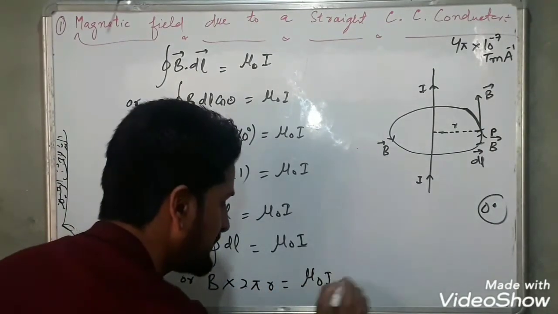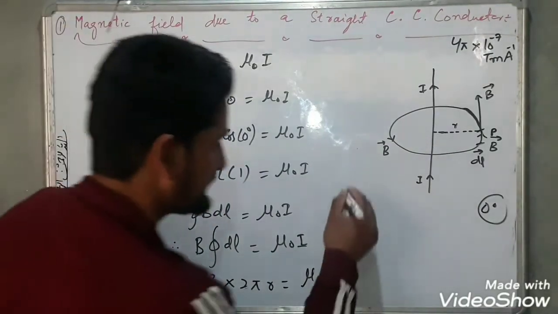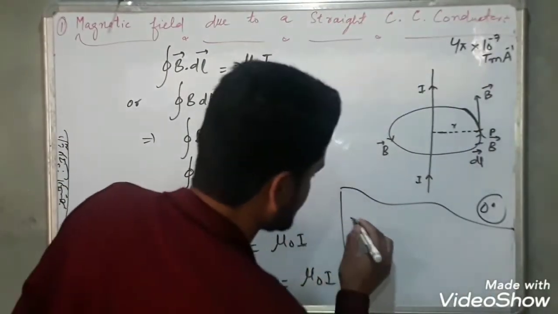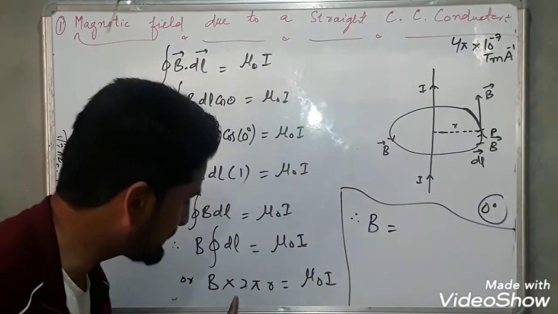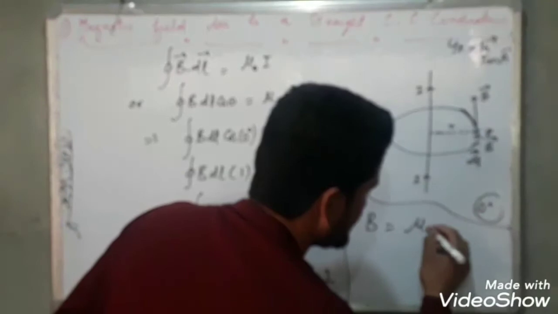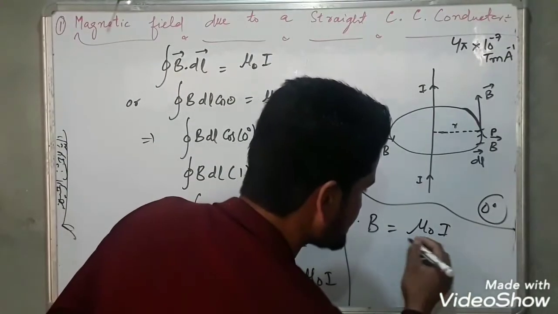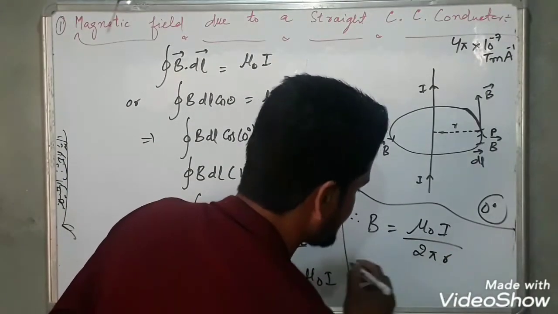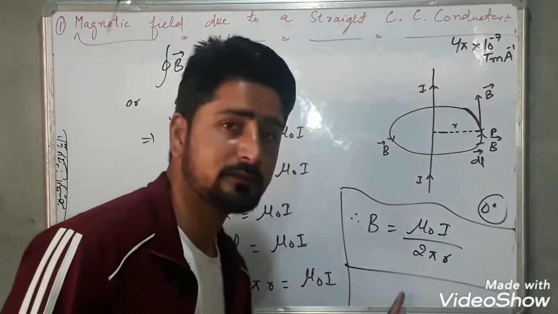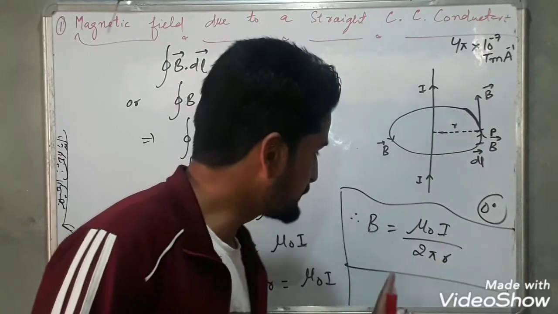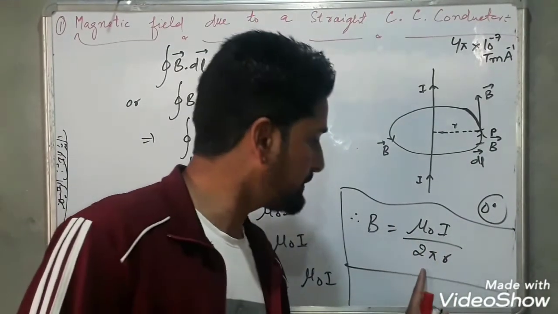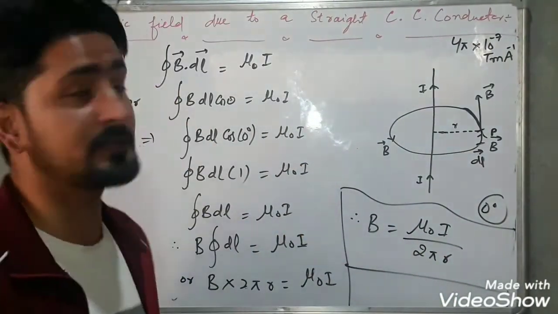So B into 2 pi r equals mu naught times current. You have to calculate the magnetic field, therefore B equals mu naught times current divided by 2 pi r. That is the magnetic field due to a straight current carrying conductor, and we have shown B equal to mu naught I by 2 pi r using Ampere Circuital law.